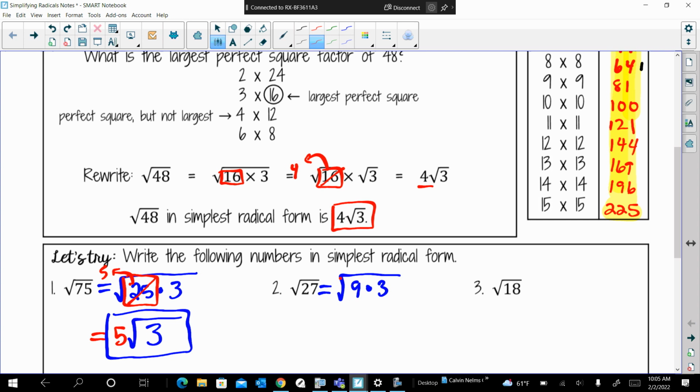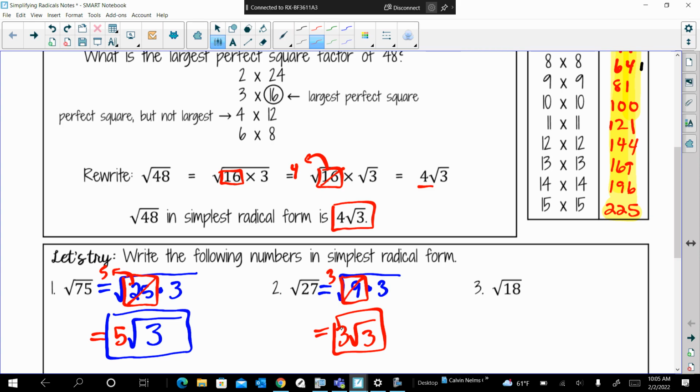Put the square or the box around that number. What is the square root of 9? 3. Yeah, 3 times 3 gives us 9. So that 9 is now gone. The 3 comes out. My final answer will be 3 square root of 3. What is not the perfect square stays underneath the radical symbol. Are we okay on that one?